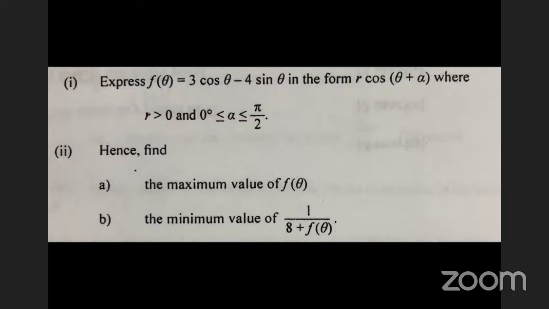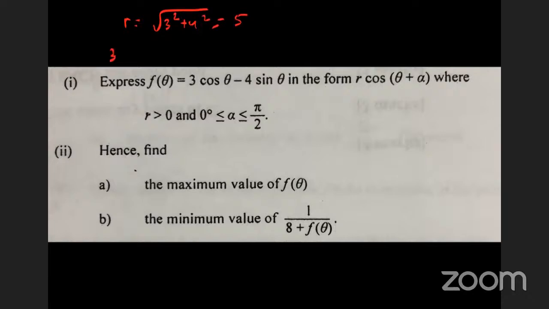All right, let's see what you got now. So f of theta is equal to 3 cos theta minus 4 sine theta, and they told you the form, right? So it means that r is the square root of 3 squared plus 4 squared, which is 5.